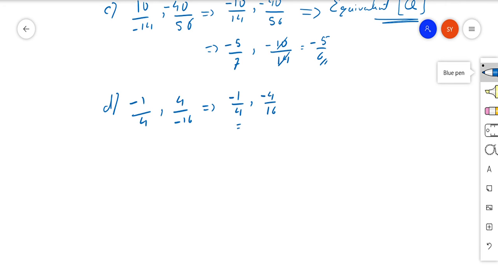If you see, this is already in a standard form, so we'll divide it by 4. 4 ones are 4, 4 4s are 16. So it becomes minus 1 by 4, which is the same as this number, minus 1 by 4. Hence we can say it's an equivalent rational number.